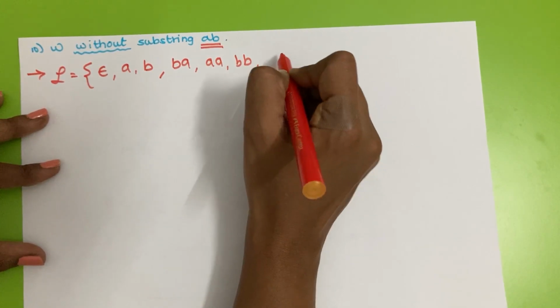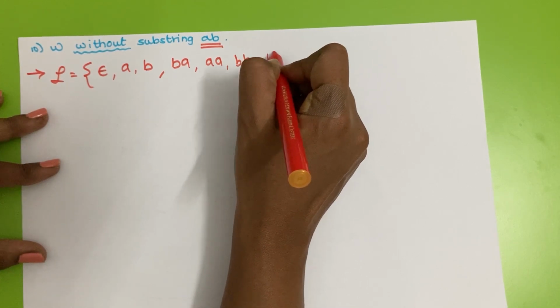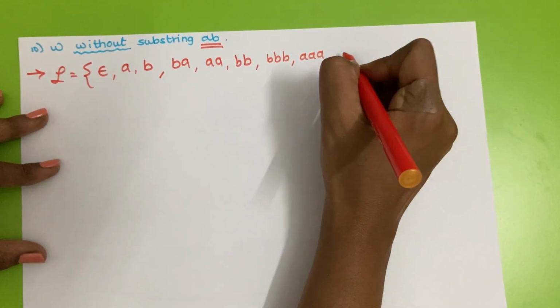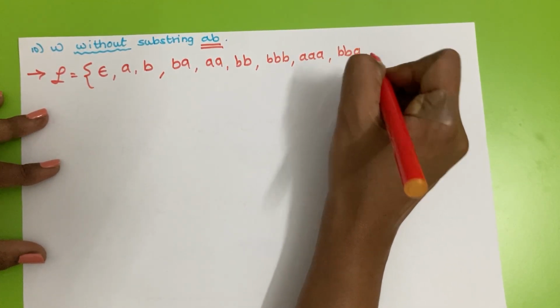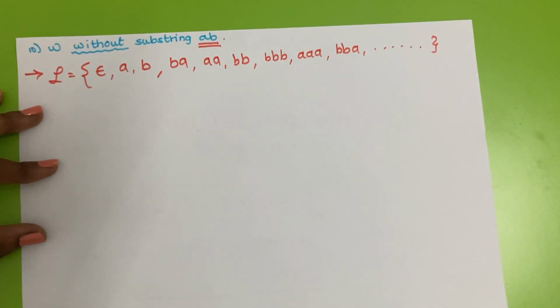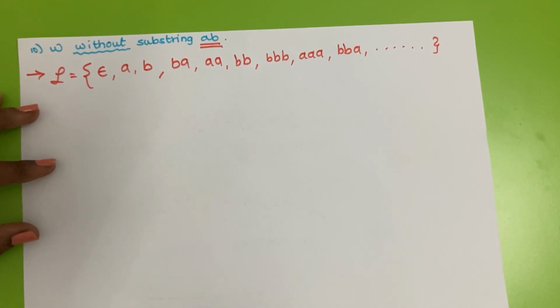Next, BBB, then AAA, then BBA, etc. Those are the strings which do not contain the AB substring.